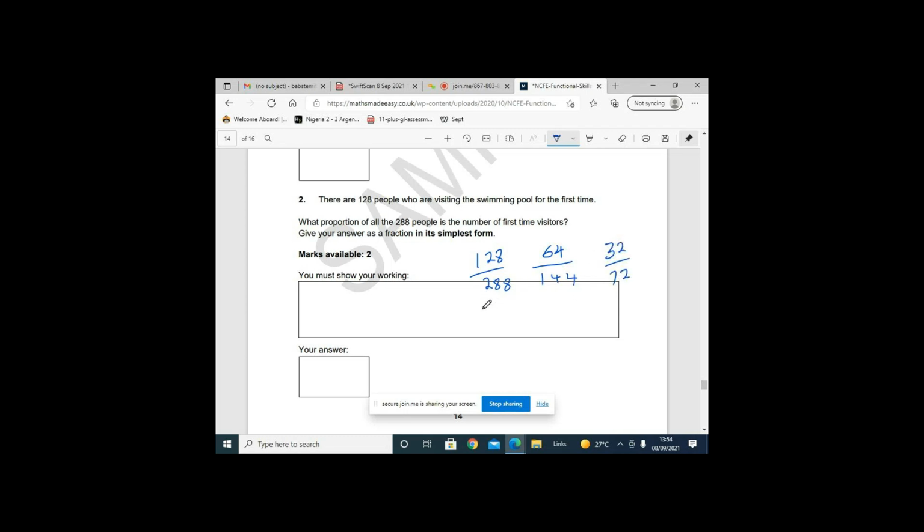Then by 2 again, that's 16 over 36. Then by 2 again, that's 8 over 18. Then by 2 again, that's 4 over 9. Yes, it's 4 over 9. That's the answer.